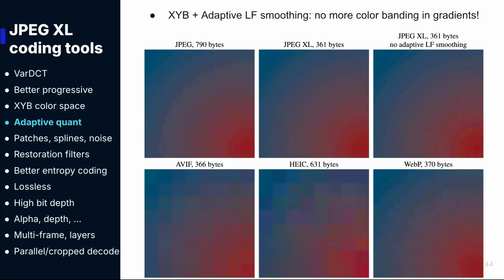The JPEG XL one is in the middle of the top row, and it doesn't suffer that much from banding issues. There are some, but I think they're introduced by the projector. On the top right, you see what it looks like without the adaptive LF smoothing, and it looks worse. But you should probably look at this on your own monitor to really appreciate the differences.